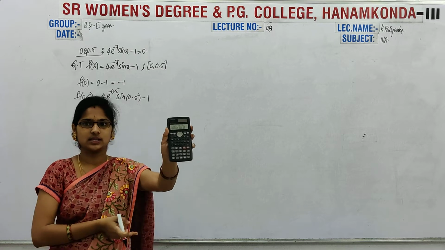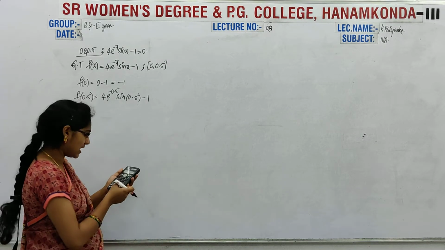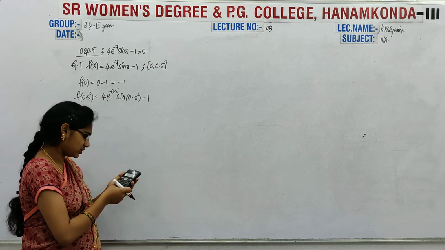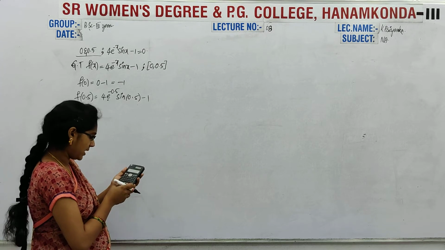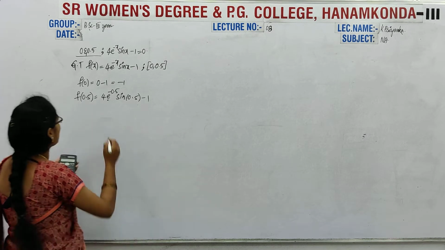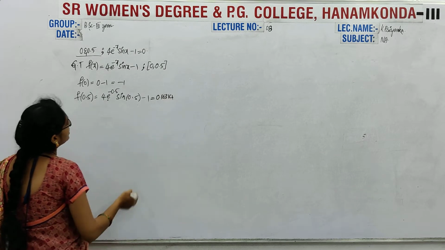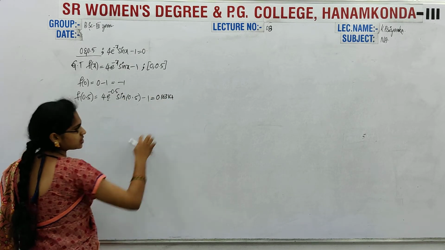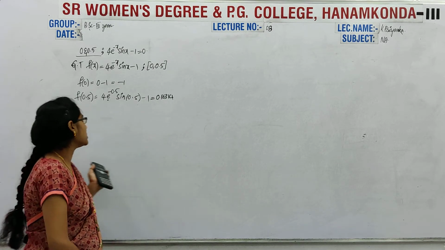Now again equal to, we have some value, into 4, minus 1. Finally we have that the value is 0.16314. One is a negative, and this is a positive, so we have one value positive and another value negative.